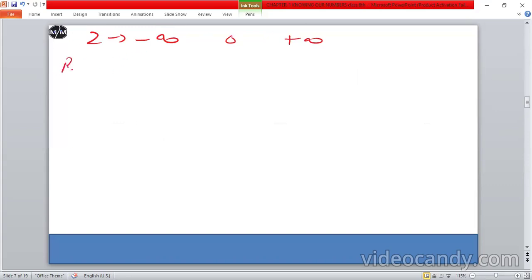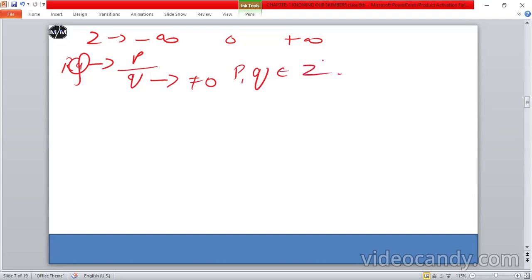Rational numbers can be represented in the form p upon q, where q is not equal to 0, and p and q both belong to integers. It means they both are integers.